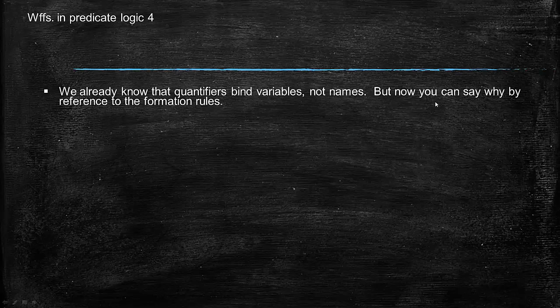So we already know that quantifiers bind variables, not names. But now you can say why that is the case too by reference to the formation rules. So for example, this is not a woof. You know that because if there's the quantifier here, there has to be a variable on the other side of it, and there isn't one.